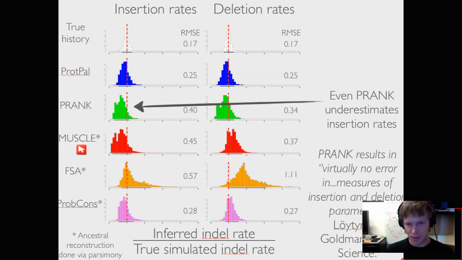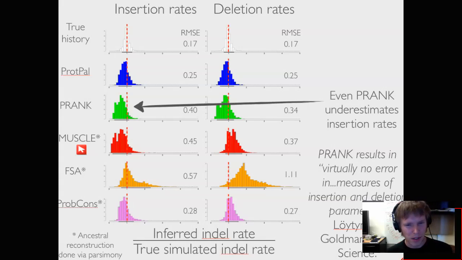And in their 2008 Science paper, they claim that they had virtually no errors in measuring these parameters, which is true under the parameter range that they simulated, which, like I said, was in that much smaller range, lower indel rate, lower substitution rate than we did here. And so I don't think this discounts the results. It's just saying that as the insertion and deletion rate gets higher, the alignment problem gets harder, and they're not able to really handle those more difficult situations.